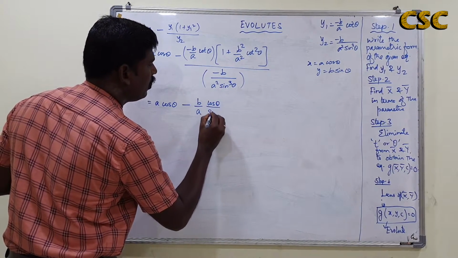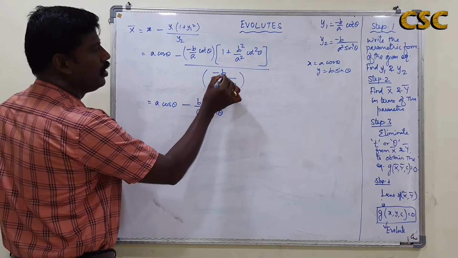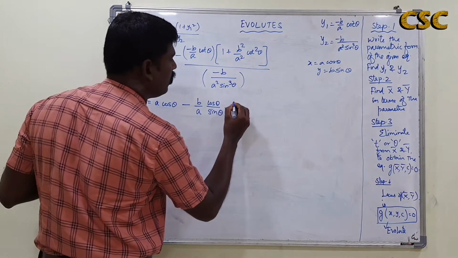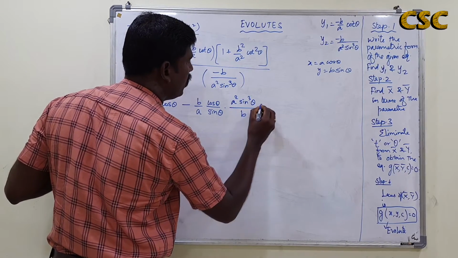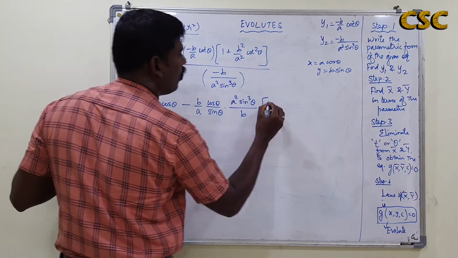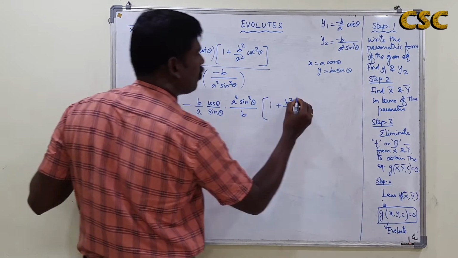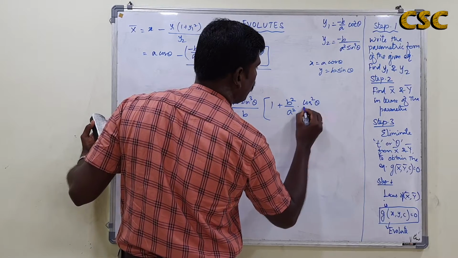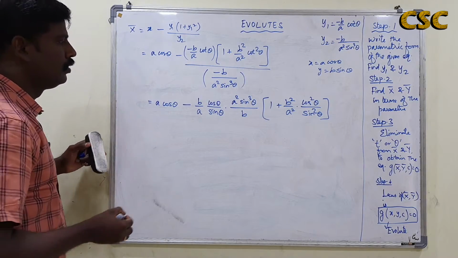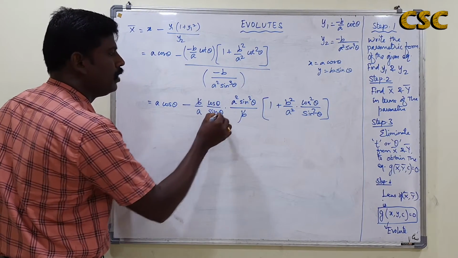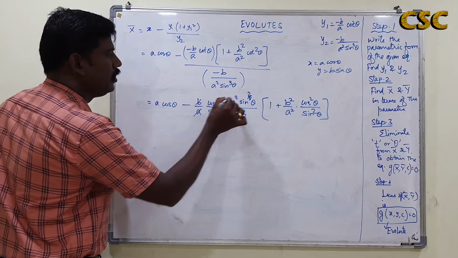Cos theta by sin theta into this, which is in the denominator, so we can make it a reciprocal multiplication. So a square sin cube theta by b into 1 plus b square by a square into cot square theta, the same, cos square theta by sin square theta. Right? We can strike out this b with this b. Similarly, sin theta with this cube will be sin square theta. You can cancel this a with this a square.